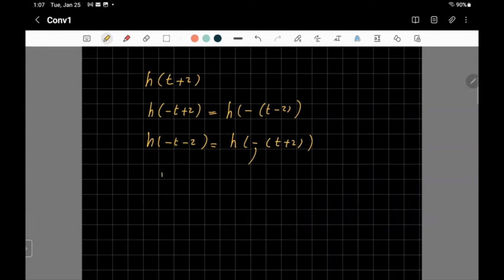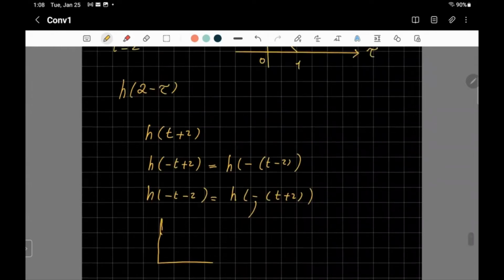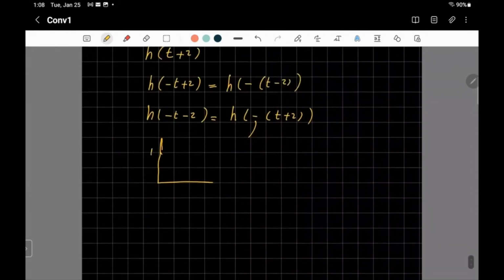So if I was dealing with the same function, I did just one and one, just to give you. If I'm working with t, not tau, I'm just trying to review. Let's say that you want to make h 2 minus t. If you want to do that, how will you do it? You will say it means h minus t plus 2.